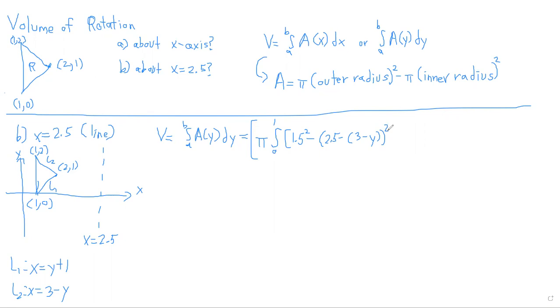That is the inner radius. No, sorry, I'm getting way too ahead of myself this time. Let's see, so 2.5 minus y plus 1 squared dy.